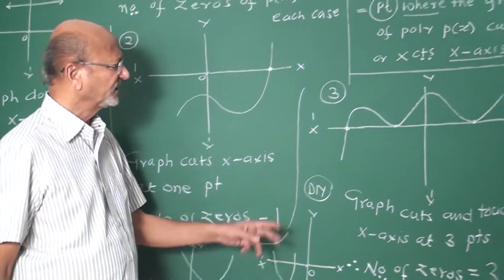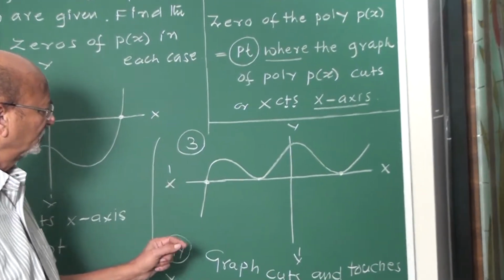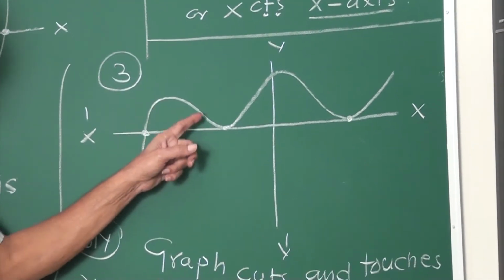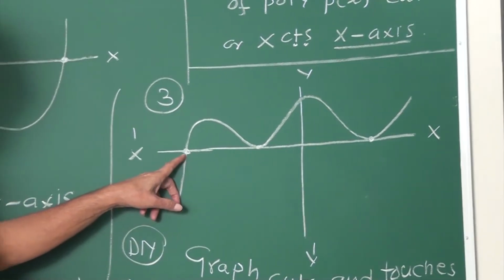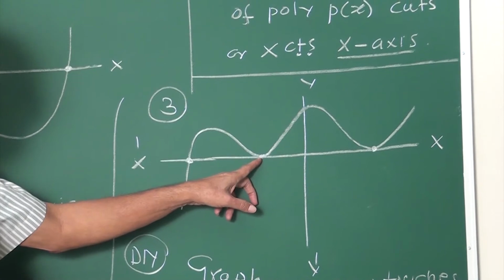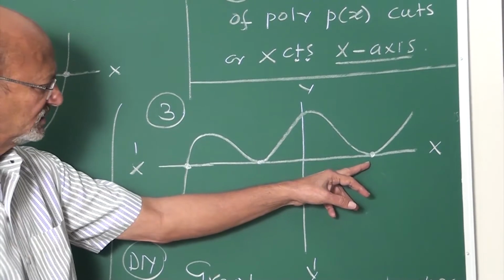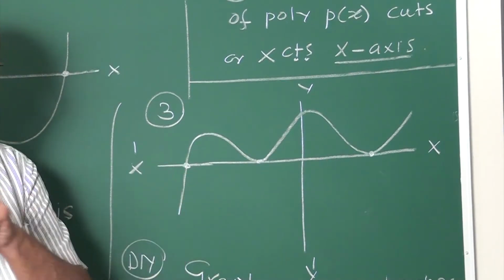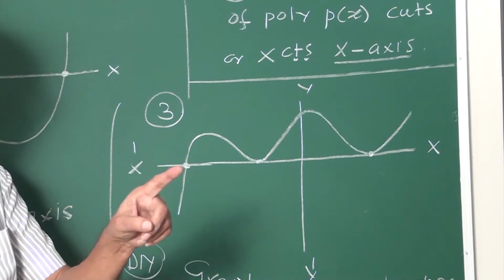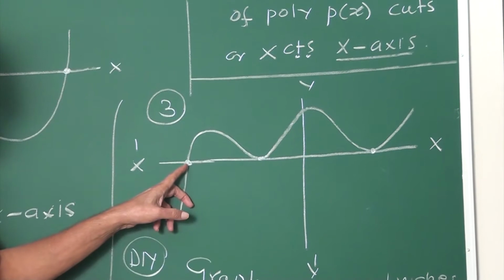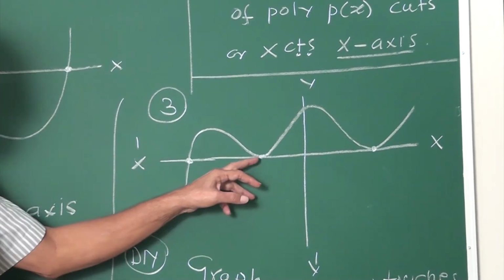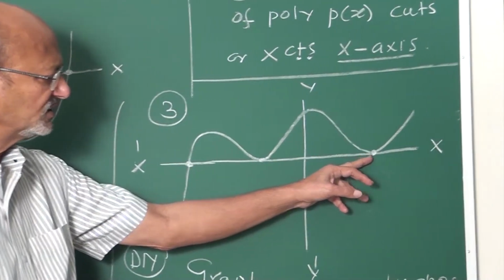Third example. The graph is like this, my friends. It intersects here and touches there. I told you our concentration is on the horizontal line. It cuts at one point and touches at two points.